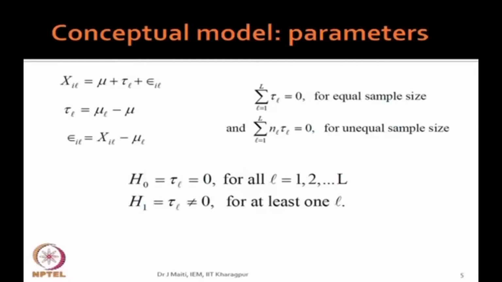When one is more than the other, some are more than the grand mean, some are less than the grand mean, but the total effect will be 0. And if you go for unequal sample size, then the formula will be the sum over L equal to 1 to L of N L tau L equal to 0.